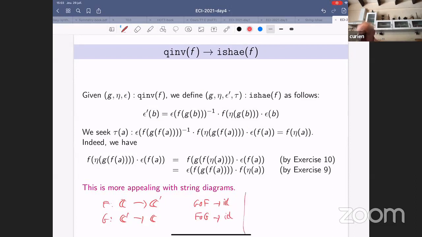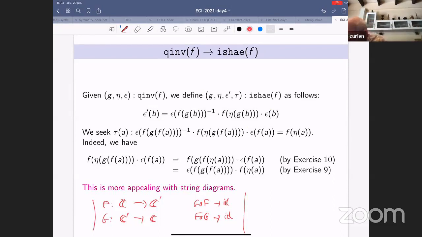The second way is to say that you have two functors that together form something called an adjunction. Sorry, I will not detail it, but in an adjunction you have two such maps.